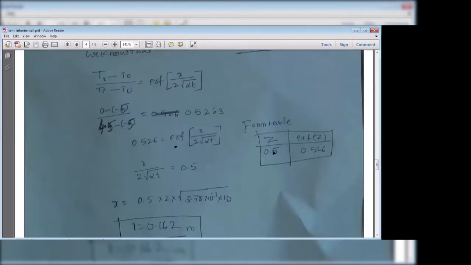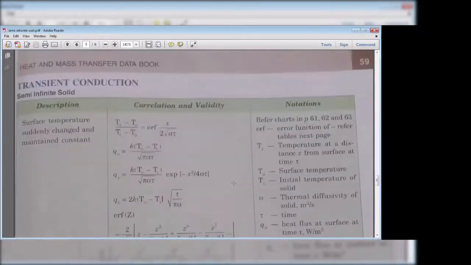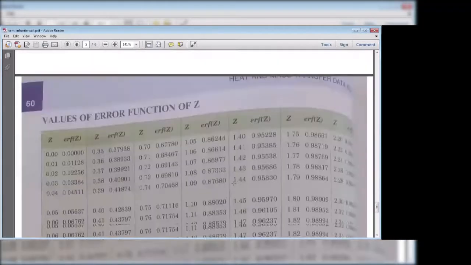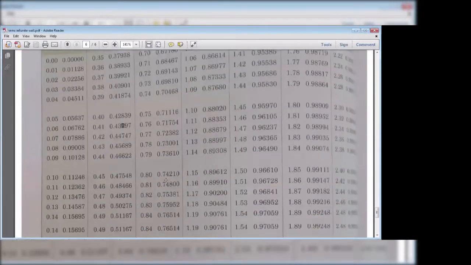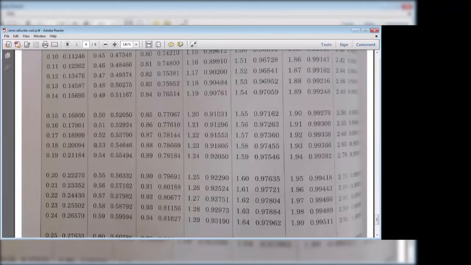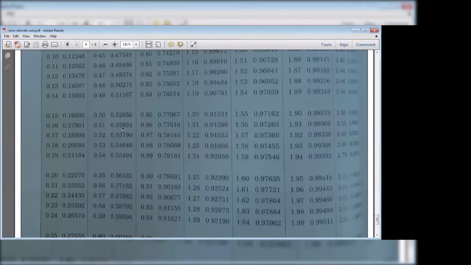You can note down from this table: when erf Z is equal to 0.52, we get 0.5294 here.